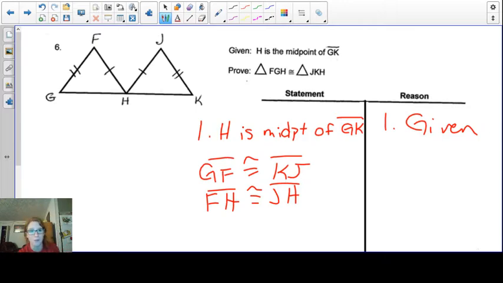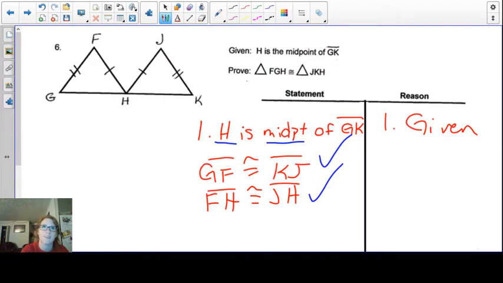All right, if I'm trying to do side, side, side, I need to know one more side. I've got one side, I've got two sides. So I need to somehow prove that GH is congruent to KH. Well, what do I know up here about H? It's the midpoint.